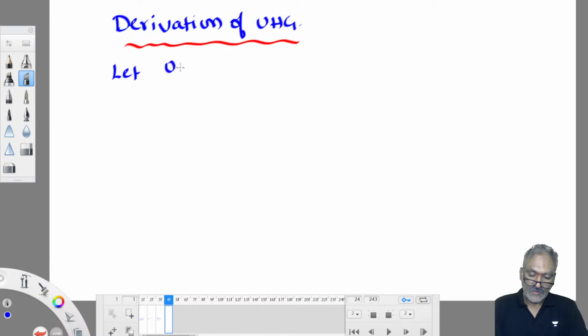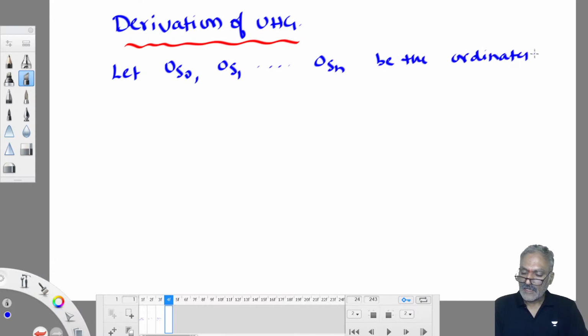Let OS0, OS1 dot dot dot OSN be the ordinates, meaning discharge ordinates, of our storm hydrograph.